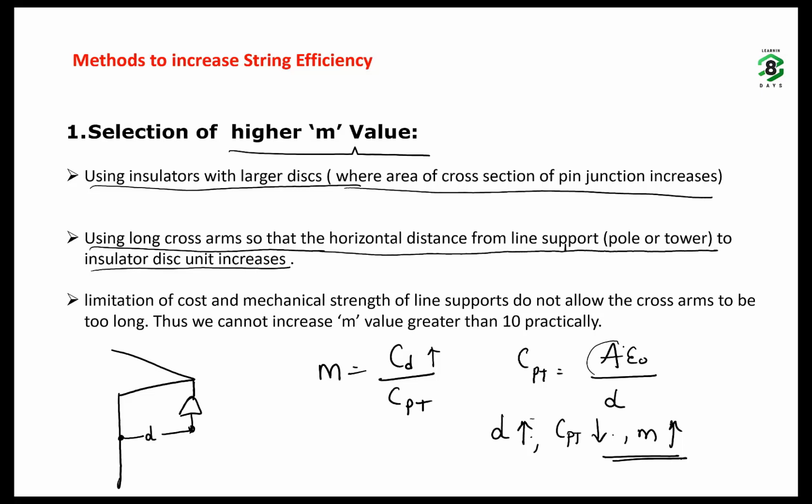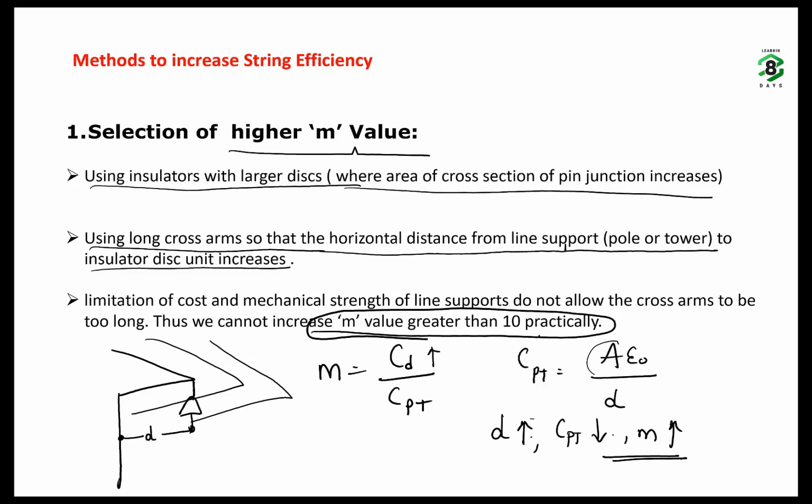Because if you keep on increasing the cross arm length, the size, cost and weight of the tower will increase. So we cannot increase the M value beyond 10 practically. The maximum possible value for M is 10. This is one method where we can increase the string efficiency.